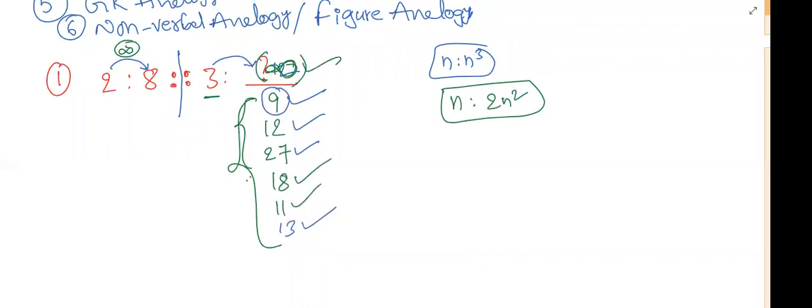Infinite means infinite pages are required. So this is the topic purely based on options. If options are given, we'll answer only one. If options are not given, we can give many answers.